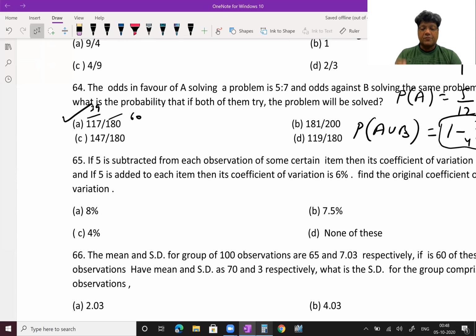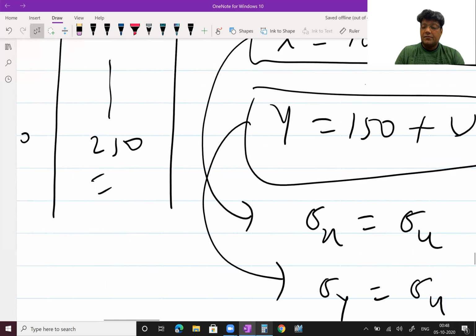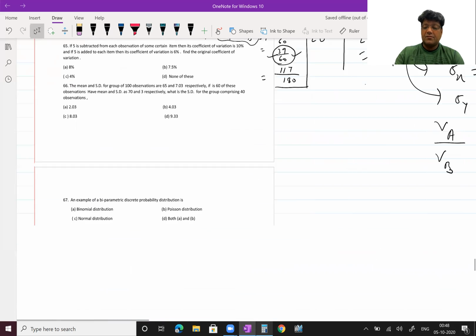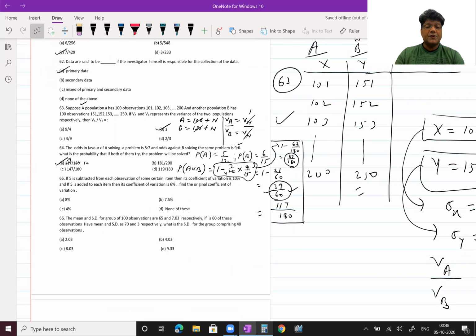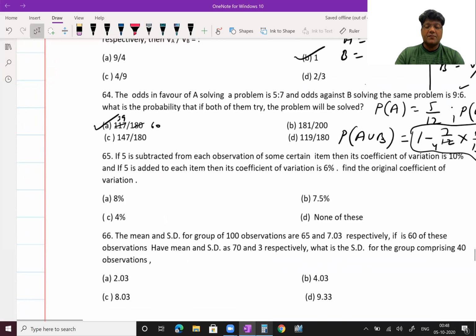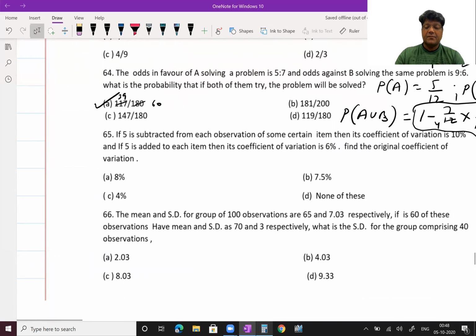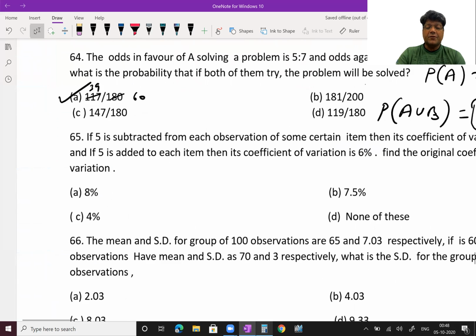Now see what I want to say in this question number 65. I'd like to solve it here, guys, because this space is not sufficient. Sorry. Okay, I'll try to do it here.